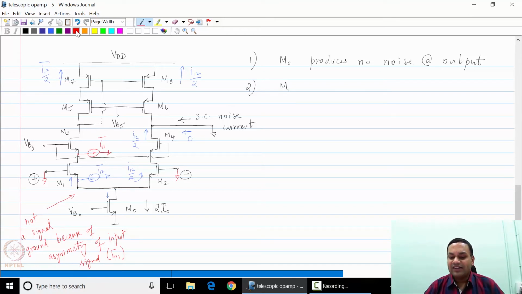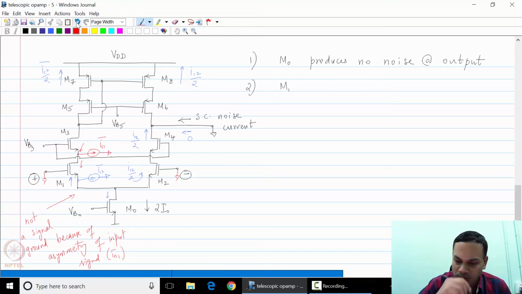Now what about the current source in red? You will find that this current has two paths to flow at this node. It can flow upwards, looking up into the source of M3, which happens to be a very low impedance, versus flowing down where it has a very high impedance, which is that looking down impedance at the drain of M1.